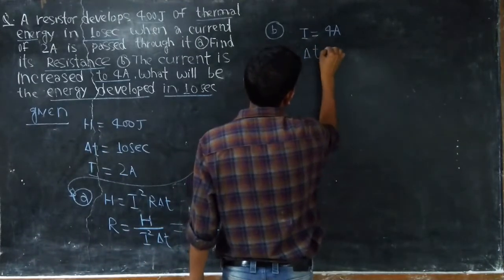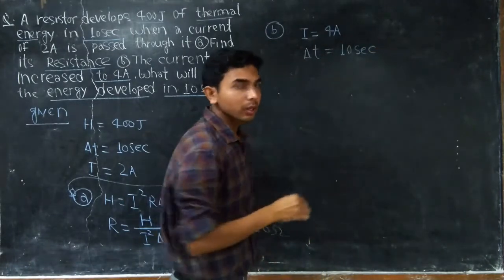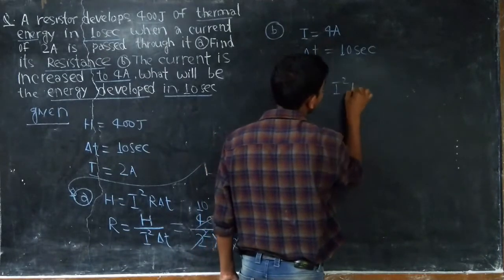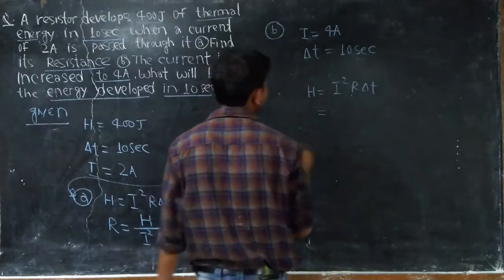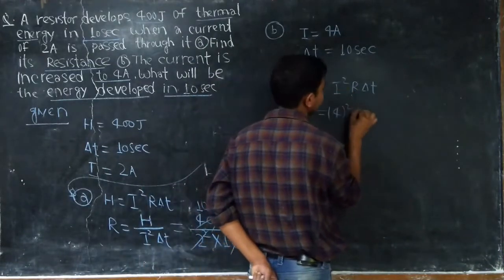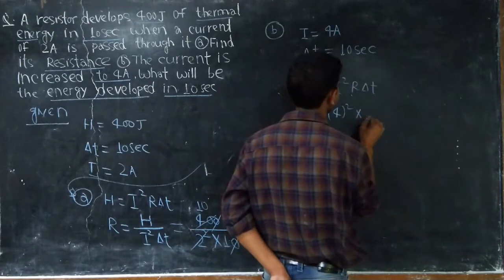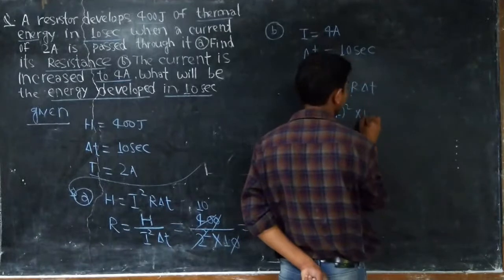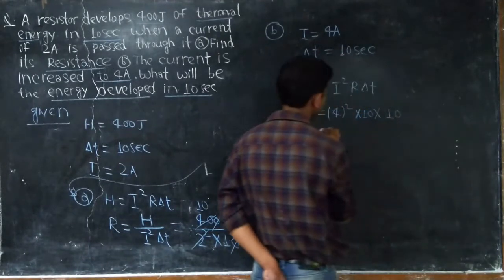That means again we have to find heat, right? So you know formula H equals I square R delta T, and I is 4, so 4 square into R, which we calculated as 10 ohm, and delta T is 10 second, right?